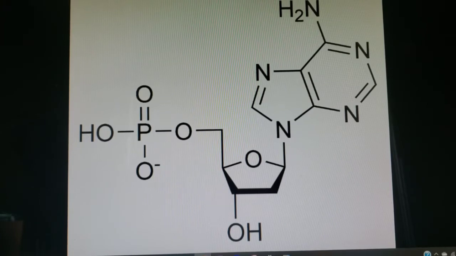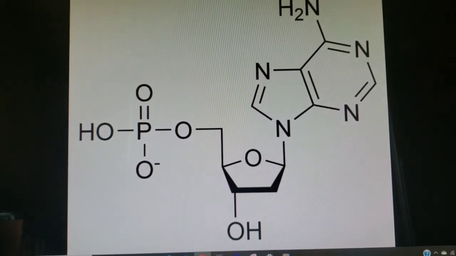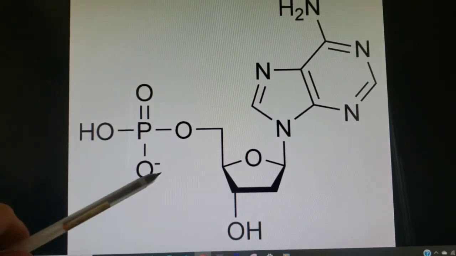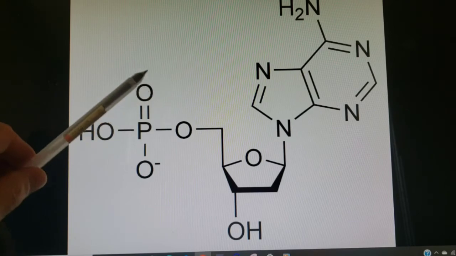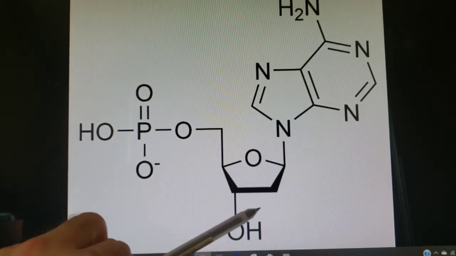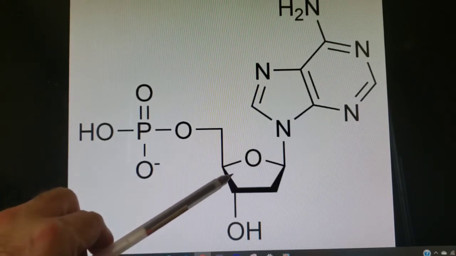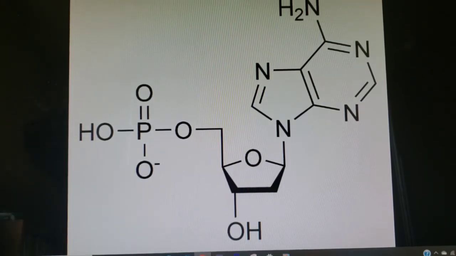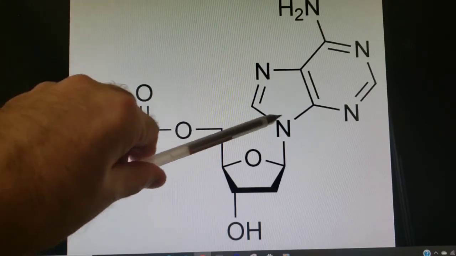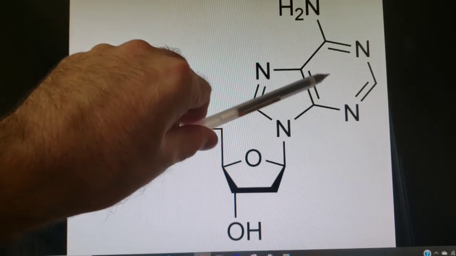Our remaining group of biomolecules are nucleic acids. This is a nucleotide. It contains a phosphate group, a sugar. This is based on ribose, which is a 5-carbon sugar that's missing an oxygen, so this is deoxyribose, and then a nitrogen-containing base.